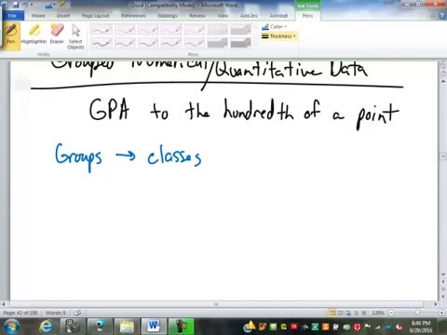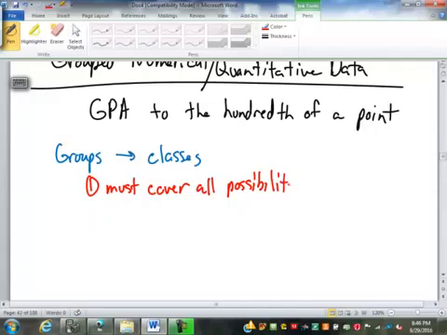And there are two rules about those groups. One is it must cover all possibilities. In other words, there can be no gaps. And two, they must all be the same size.